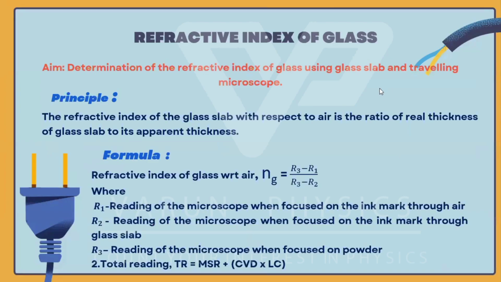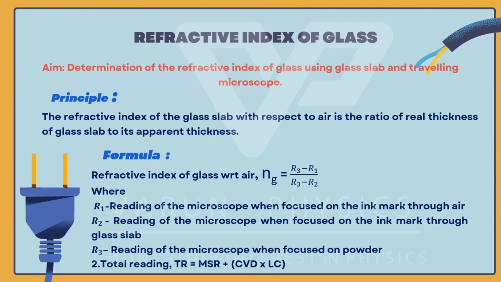The formula of the refractive index with respect to air is given by R3 minus R1 divided by R3 minus R2, where R1 is the reading of the microscope when we focus on the ink mark through air, meaning when we see the object through air.